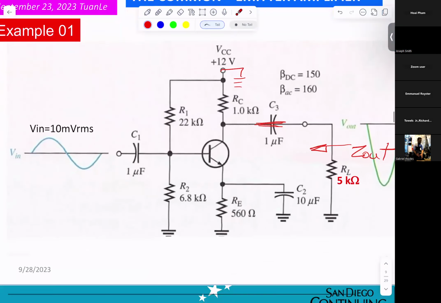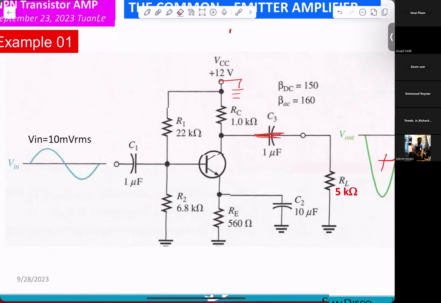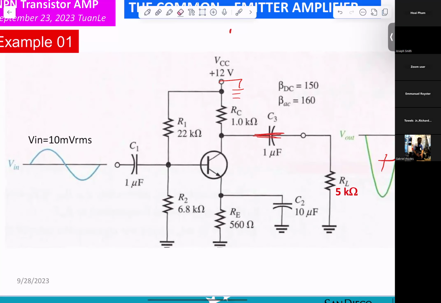Let's see. This is an example. Okay, example here. This is a CE amplifier.